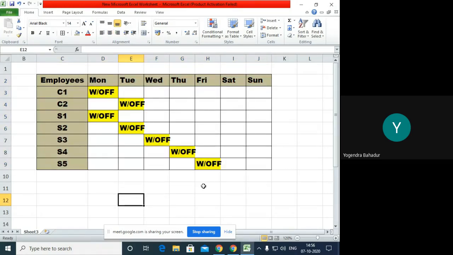First of all, we are going to make a tentative duty roster, and after that we are going to bring out the changes in that. As far as Captain 1 is concerned, we are going to give the morning shift, and for Captain 2, we are going to give the evening shift.